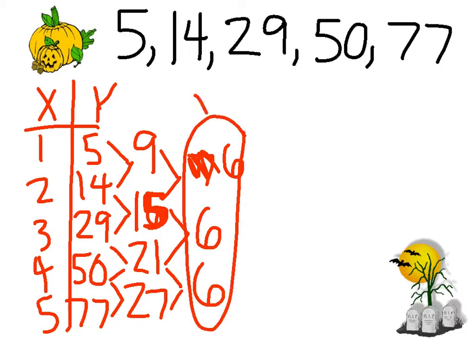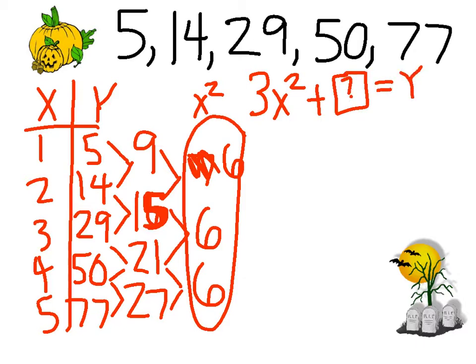Remember, this is an x squared function. That means we're going to have to take this number and divide it by 2 to find our coefficient. 6 divided by 2 will give us 3. So that'll be 3x squared plus our number is equal to y. We plug in one of our ordered pairs.